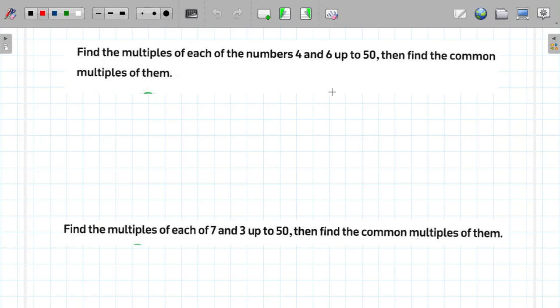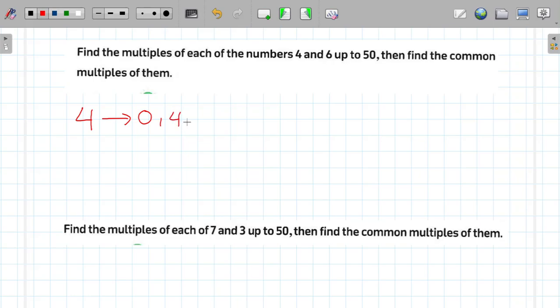Next, I have two examples like this. The first one here is to find the multiples of each of the numbers 4 and 6 up to 50. Then I want to find the common multiples of them. Okay, so first I want the multiples of 4. So I will start with 0.